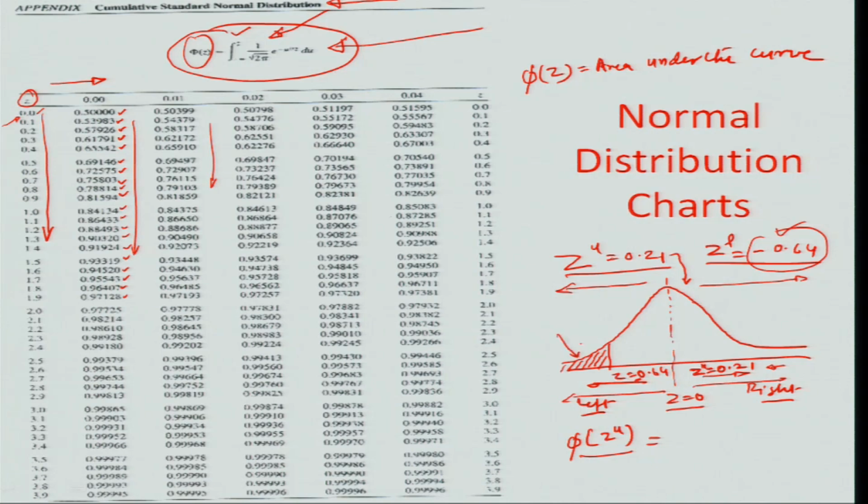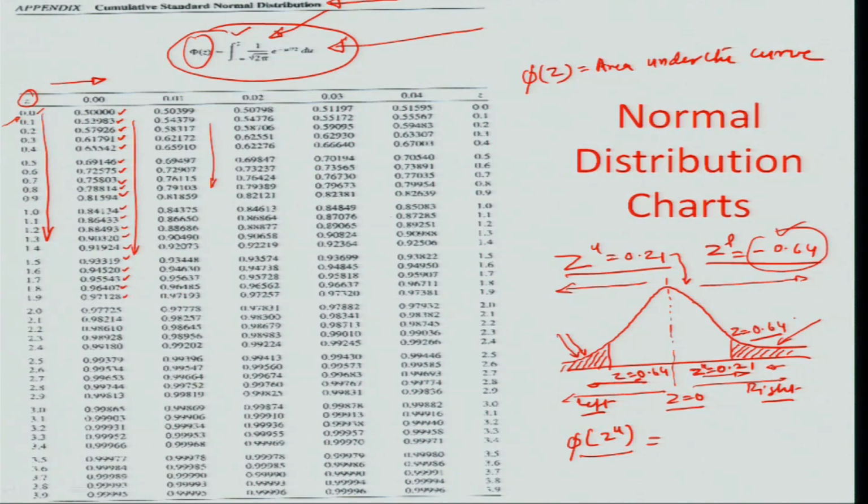This hashed area can also be recorded as the area towards the right of the line z equal to positive 0.64. They are exactly the same because of the symmetric nature of the function.